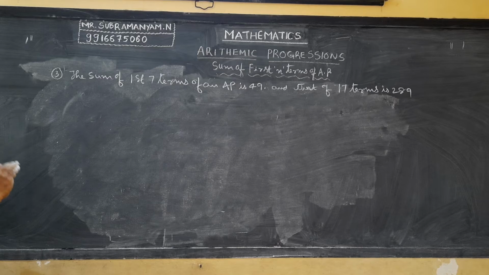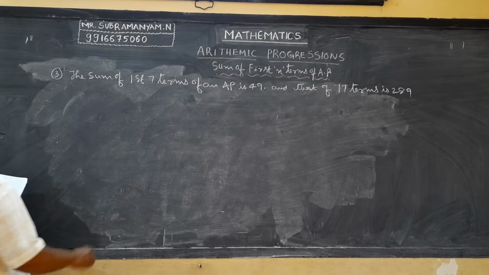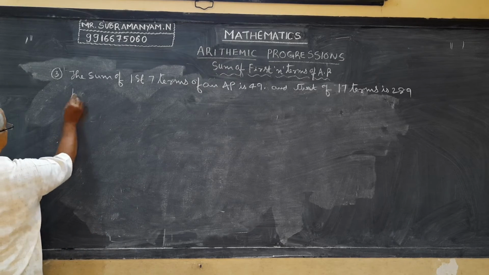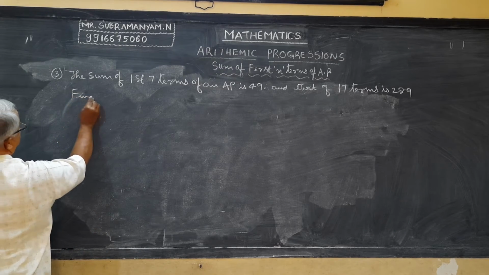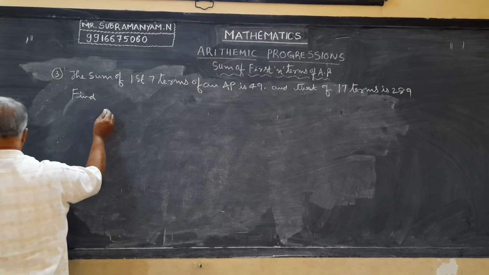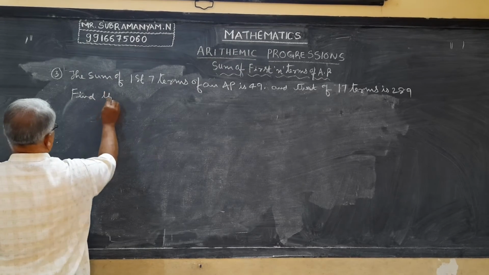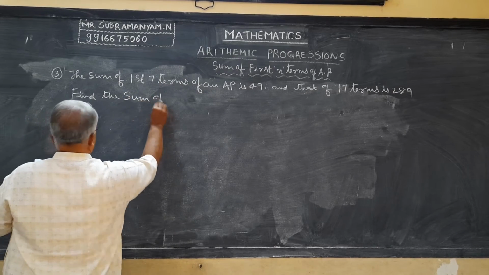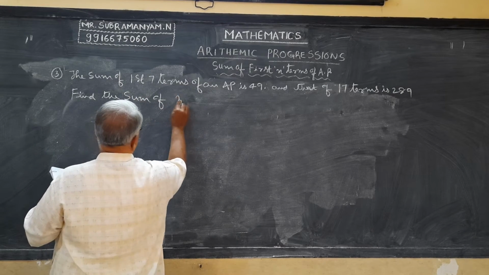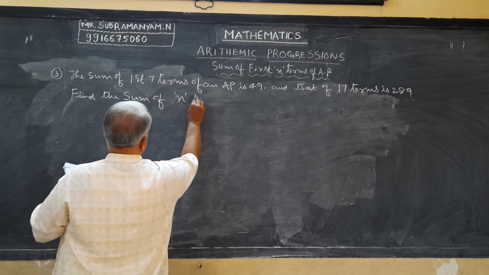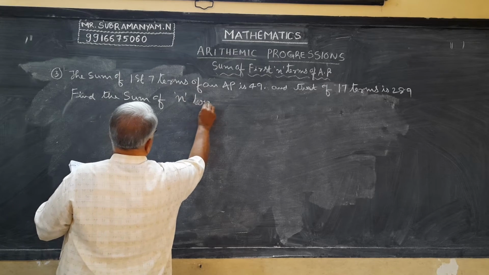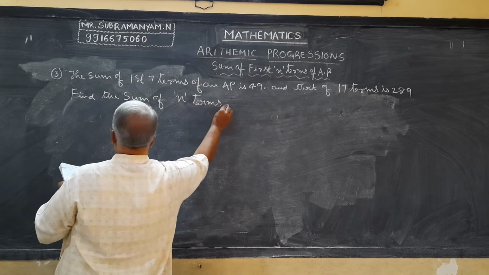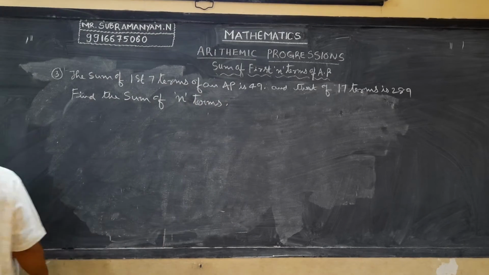We have been given the sum of 7 terms and the sum of 17 terms. Find the sum of n terms.